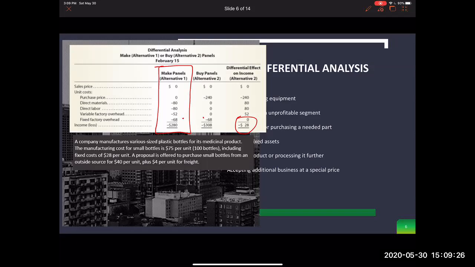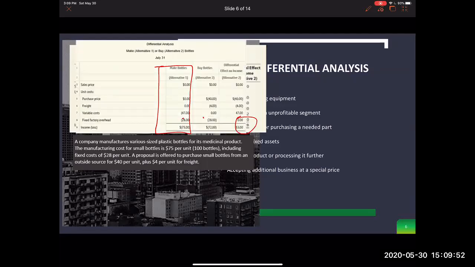We have a company that manufactures various size plastic bottles for its medicinal product. The manufacturing cost of small bottles is $75 per unit, including fixed costs of $28 per unit. A proposal is offered to purchase small bottles from an outside source for $40 per unit plus $4 freight.